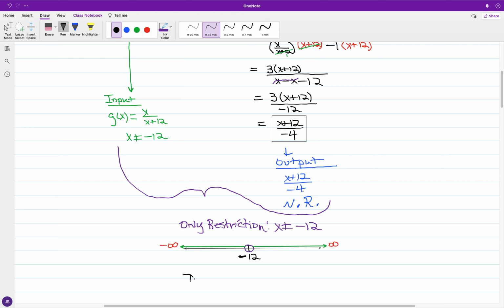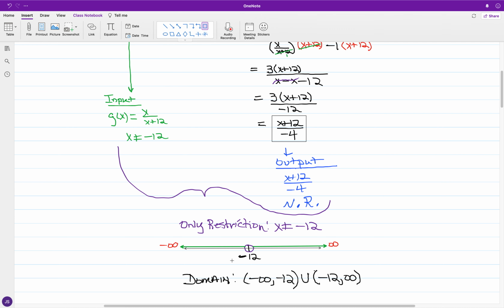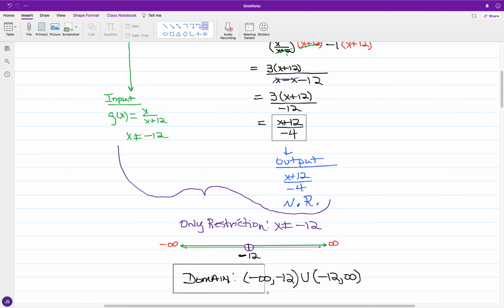And so for the domain, going from negative infinity approaching but not including negative 12, and then for the rest of the set, you have those values of x greater than negative 12. And again, we have the exclusive use of parentheses for the interval notation in expressing the domain.